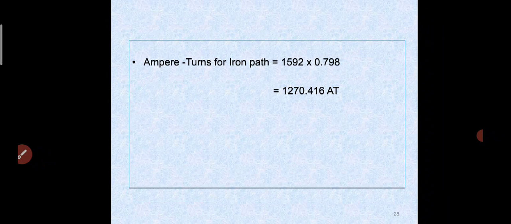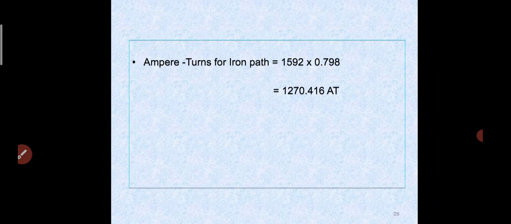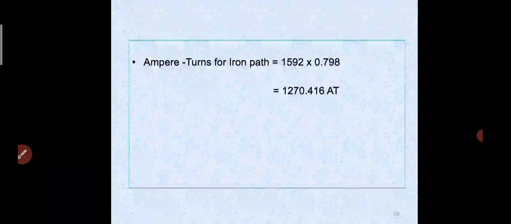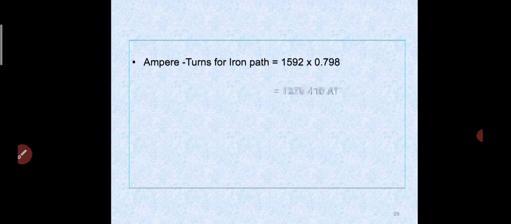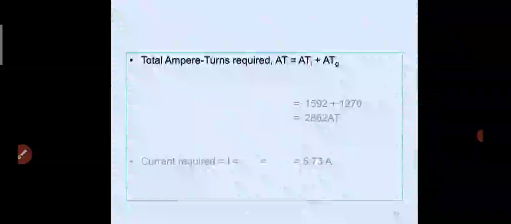This is the answer, 1270.416 ampere turns. So ATi is Hi Li, with this Hi and this Li. So total ampere turns for iron path is 1270.416 ampere turns.